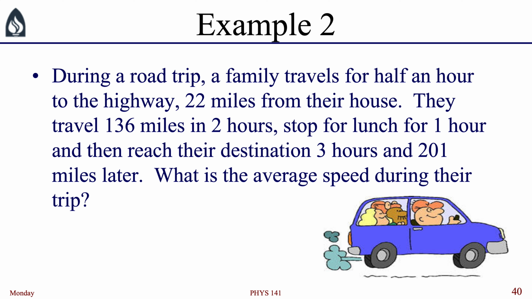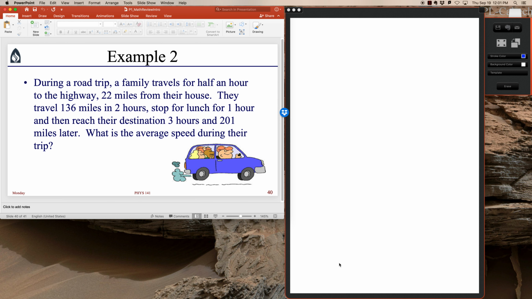All right, so if we want to do this calculation, we need to remember that average speed is equal to the total distance traveled divided by the total amount of time it took to accomplish the trip. So if we look at the distances traveled by this family, they first travel for half an hour, which is 22 miles from their house. So first they go 22 miles.